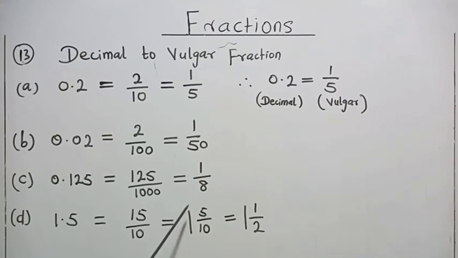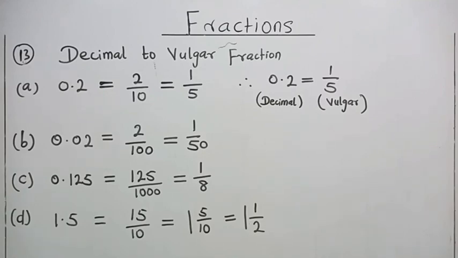What is that common factor? It is 5. When 5 divides itself, the result is 1. When 5 divides 10, the result is 2. Therefore, 1.5 is the same thing as saying one whole number 1 over 2. 1 is not a fraction, but a full number. But 1 over 2 is a vulgar fraction. Therefore, this is a mixed number.